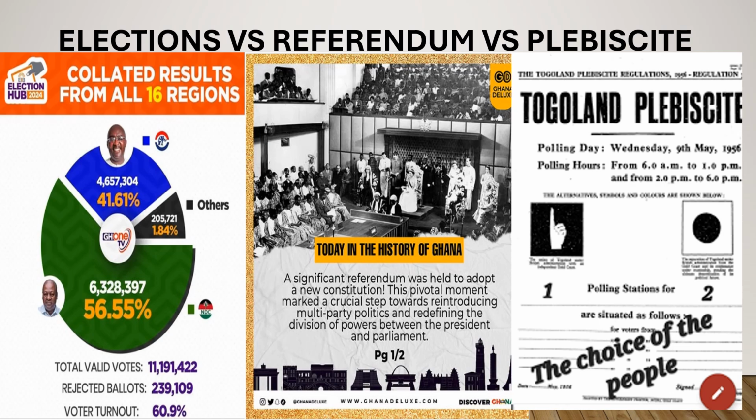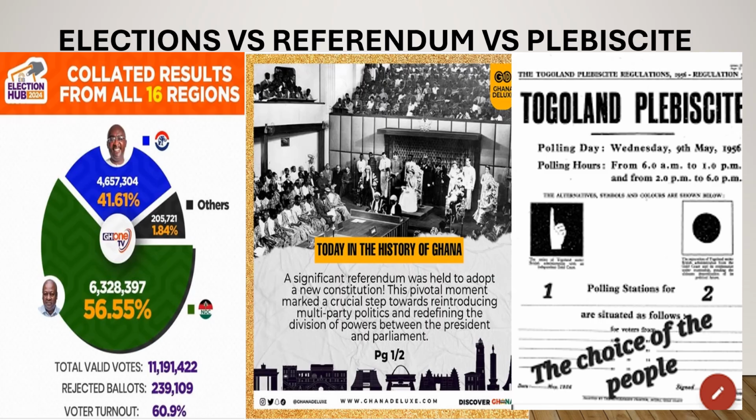The first image you see is reporting the results of the 2024 election. The one in the middle is the referendum that happened in Ghana on April 28th, 1992, when Ghanaians adopted a new constitution.